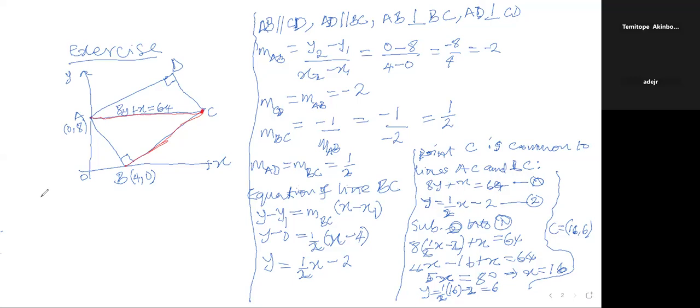So I'll put here equation of... Wait, sorry. Let me change the settings of this pen. You know why it's skipping now.